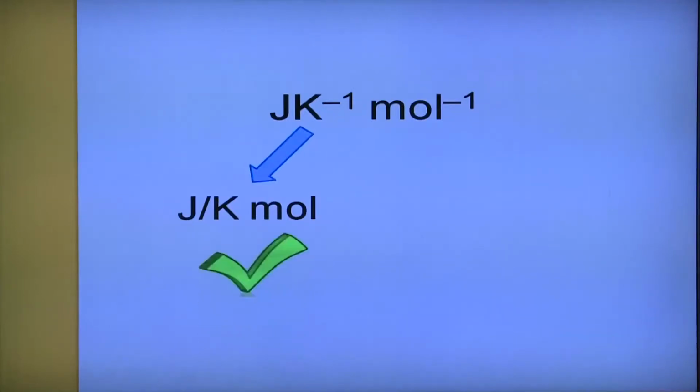For representing unit symbols with a negative exponent, the use of the solidus sign should be avoided. If used, no more than one solidus should be used. Say, the unit for gas constant, joule per Kelvin per mole, may be represented as J/K mol, but not as J/K/mol.